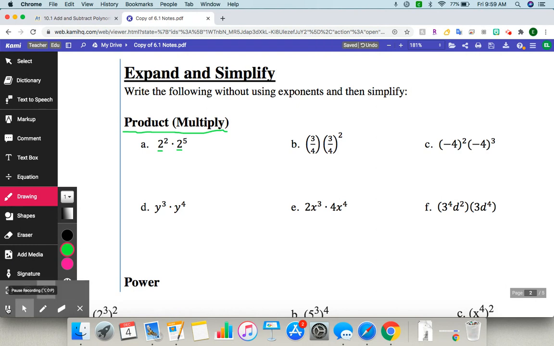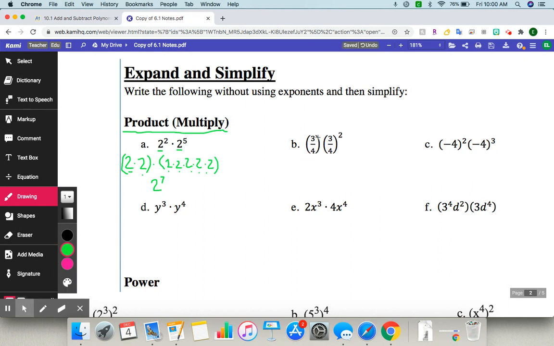So this is going to look like, I don't need the parentheses, I'm just using them so you can see how it relates to the original expression. But then once I've expanded it, I can simplify, and as you can see, I now have 1, 2, 3, 4, 5, 6, 7 factors of 2, making this 2 to the 7th power.